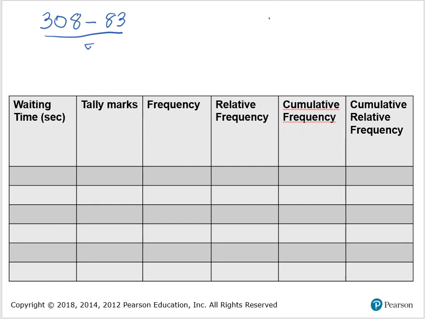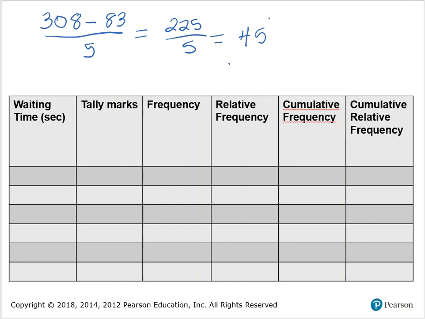And my goal is 5 classes. 308 minus 83 is 225 divided by 5. 225 divided by 5 is 45. So my goal is to have a class width of 45. And that is the distance or the difference between as I'm moving between my lower class limits.